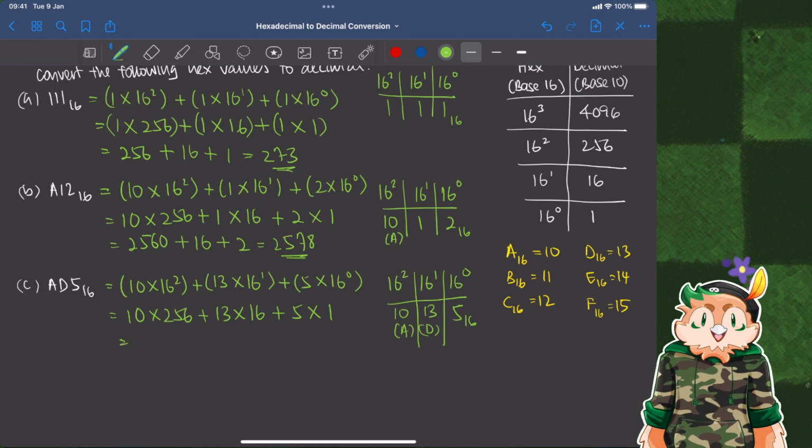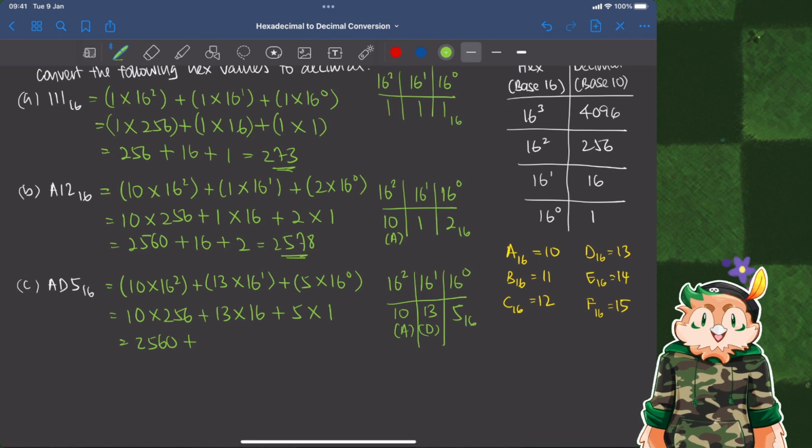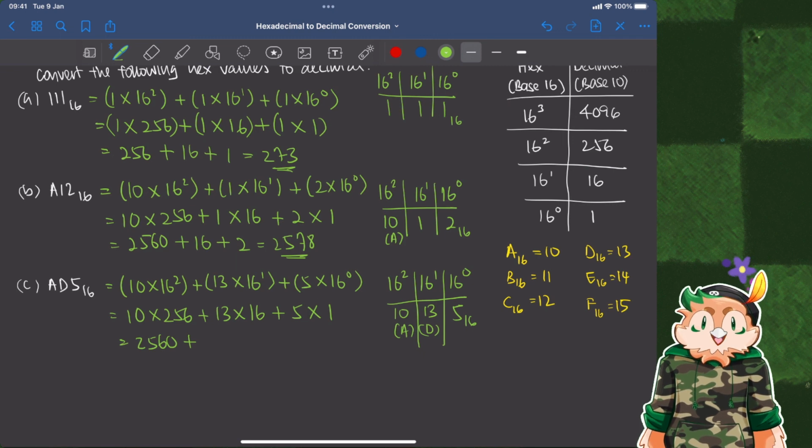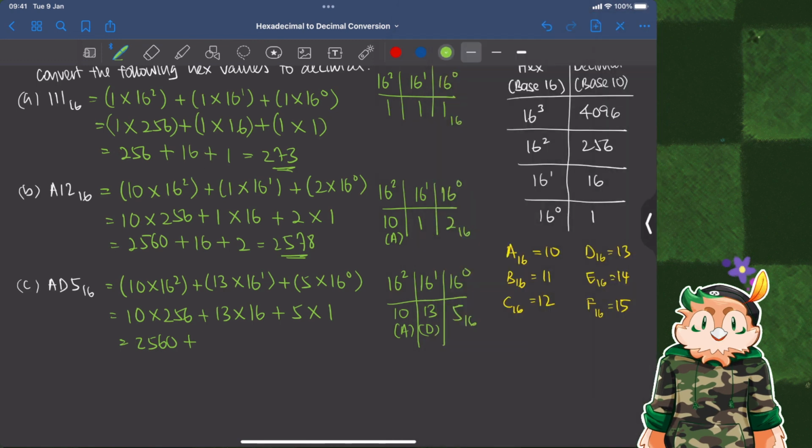So you should get 2,560 plus, for this one, just going to cheat here, 13 times 16 is equal to 208. 208 plus 5. So from here, your answer should end up being 2,773. So there you go.